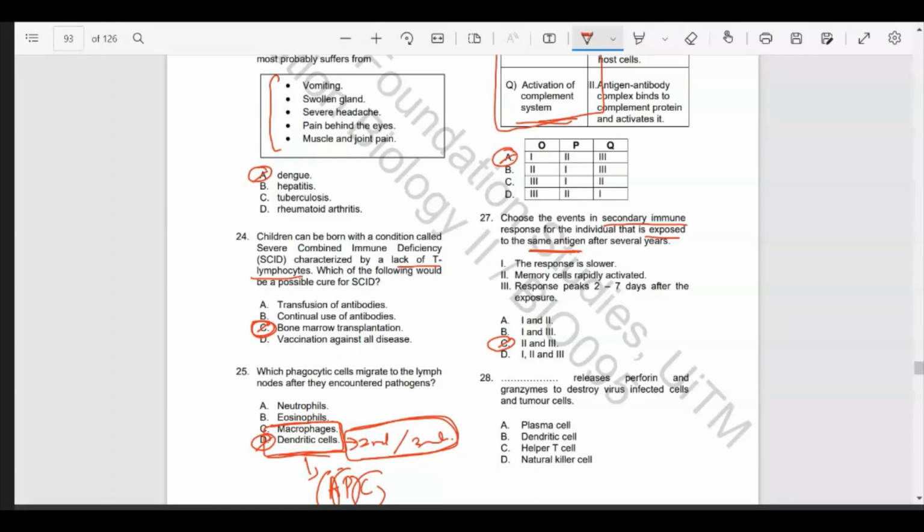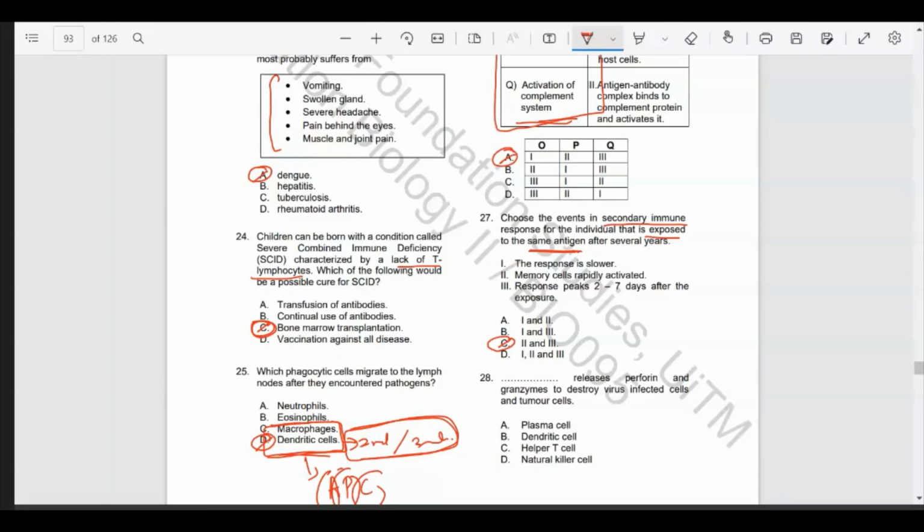Virus A pertama kali masuk dalam badan awak, so dia akan menyebabkan primary immune response. Primary immune response ni, dia adalah proses yang mana badan awak ni akan aktifkan spesifik lymphocyte B ataupun T cell against that virus. Okay, against that virus. So masa nak activatekan your immune system, it takes time.